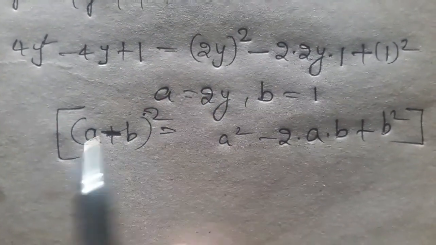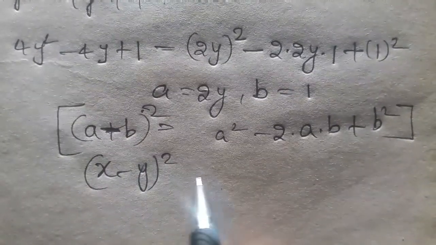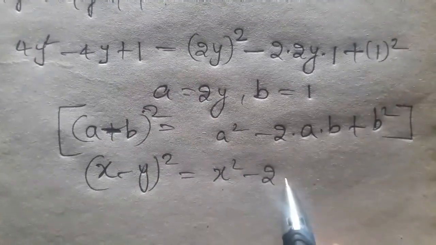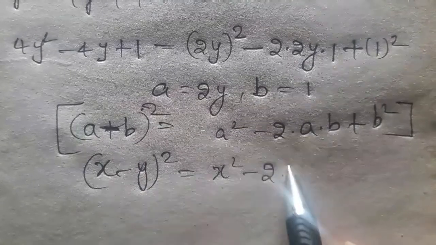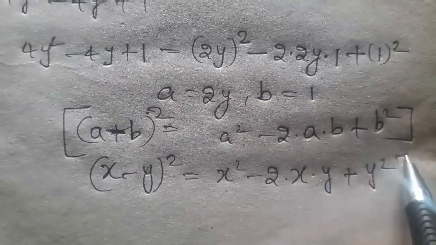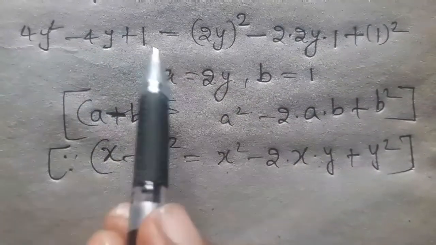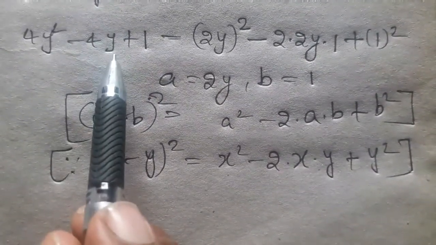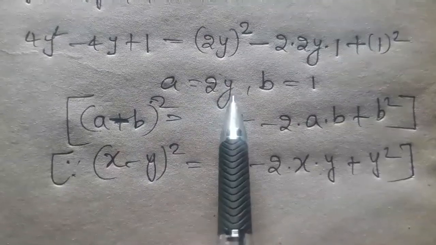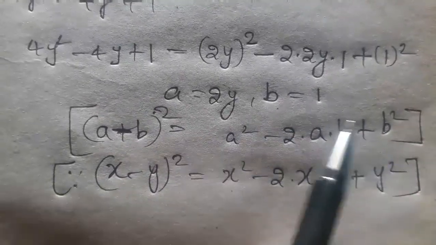Another form is also there as per the textbook purpose. This is x minus y whole square, that equals to x square minus 2x into y plus y square. As per the textbook purpose, this is the formula, but here only single variable, that is y, can be as an a form, and another one is a constant term, that is b, given here.